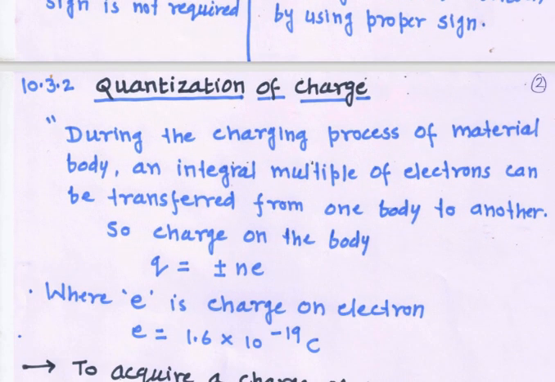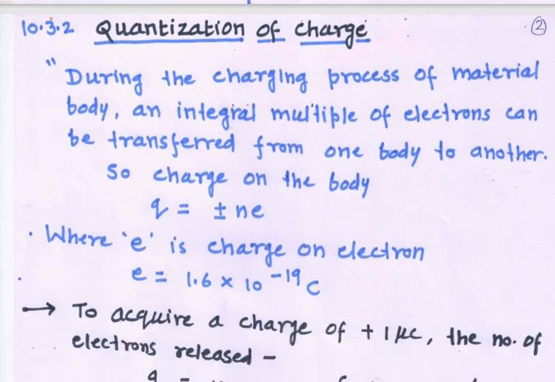But still, when you state this law, you have to write it this way: during the charging process of a material body, an integral multiple of electrons can be transferred from one body to another.